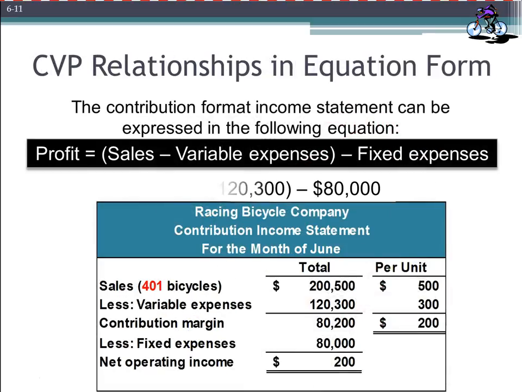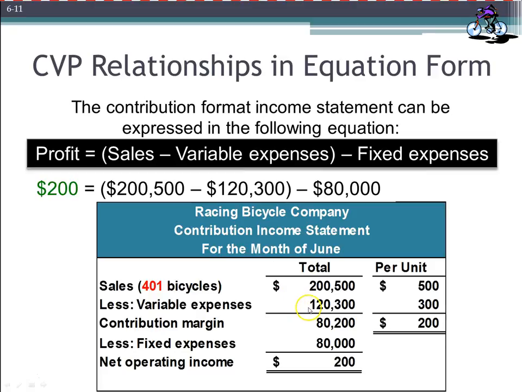Now, the contribution format income statement can also be expressed in the following equation, which is the first equation on your handout as well. And that is basically that profit is equal to sales minus the variable expenses and minus the fixed expenses, which is really just this income statement expressed as an equation, right?